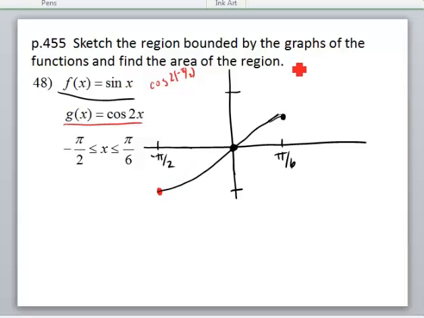The cosine of 0, so the cosine of negative pi was negative 1, and the cosine of 0 is 1. And then the cosine of pi over 6 is 1/2.